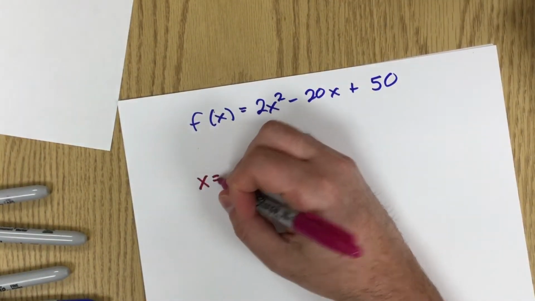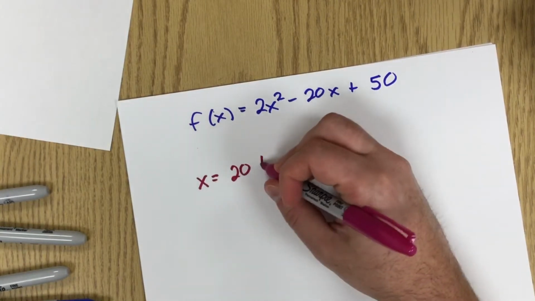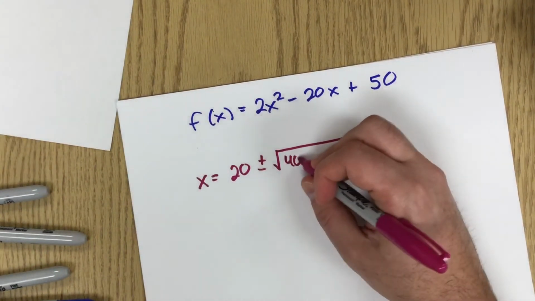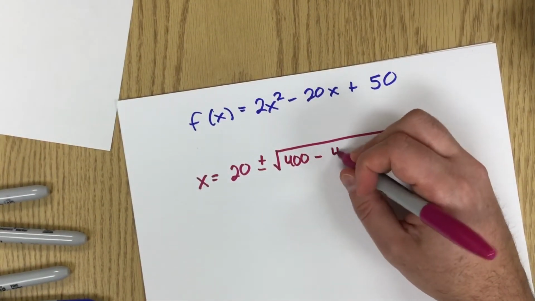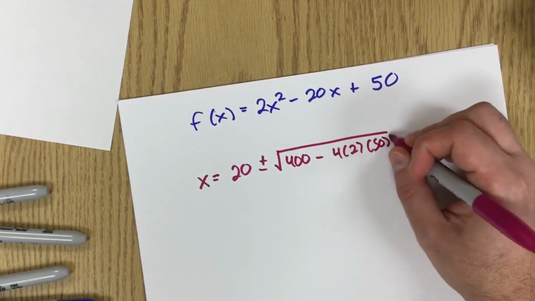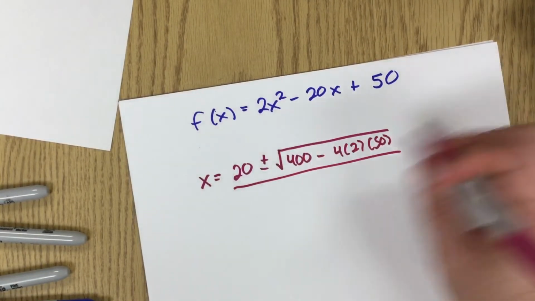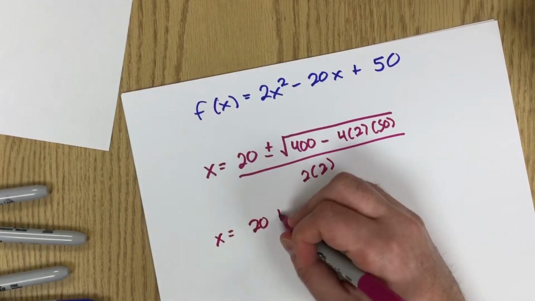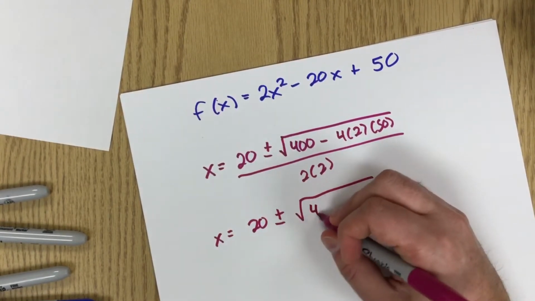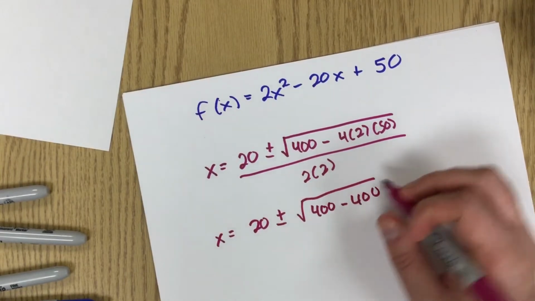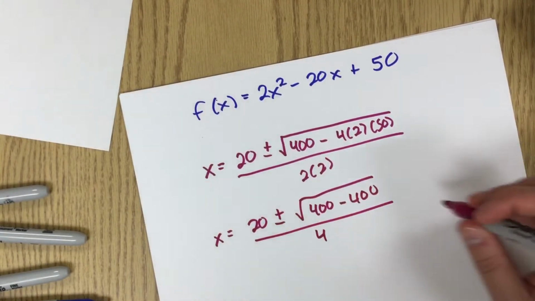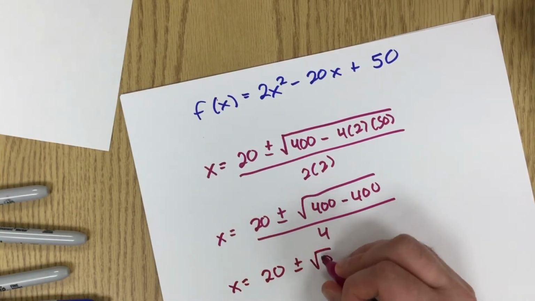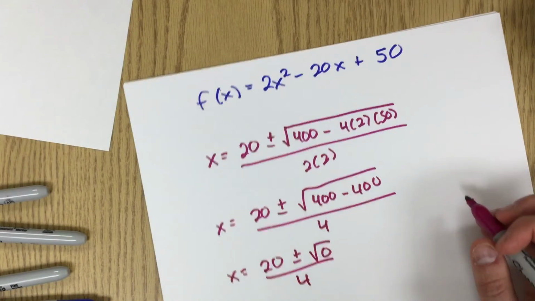So then x is going to be 20 plus or minus the square root of 400 minus 4 times 2 times 50, over 2 times 2, which is 20 plus or minus the square root of 400 minus 400 over 4, which is 20 plus or minus the square root of 0 over 4.